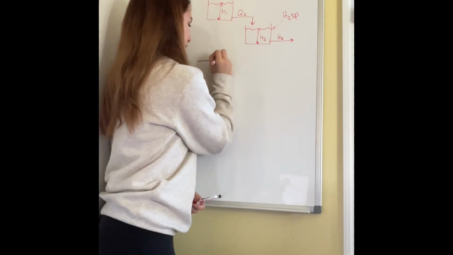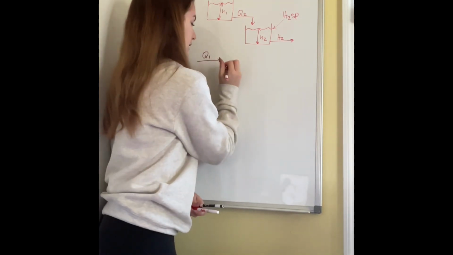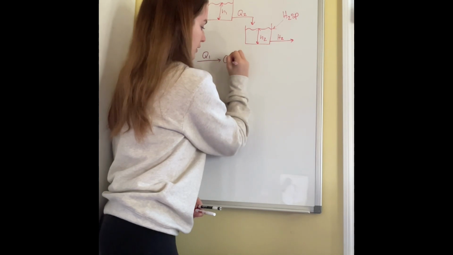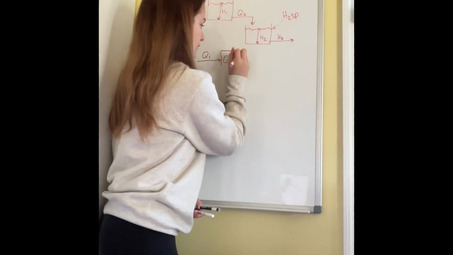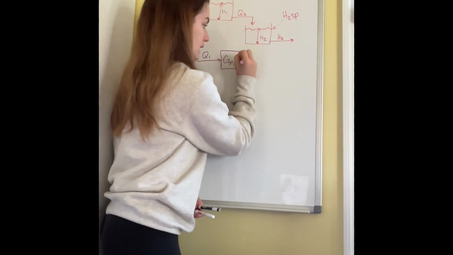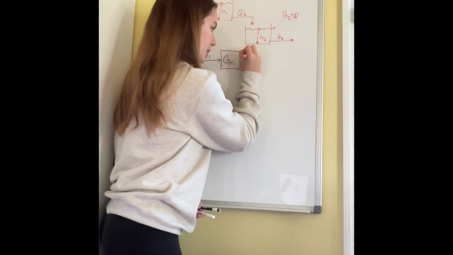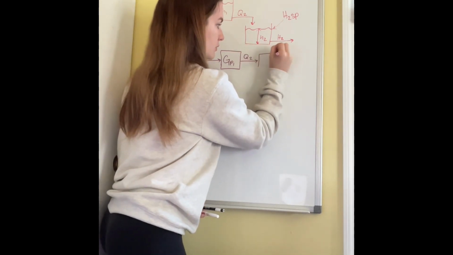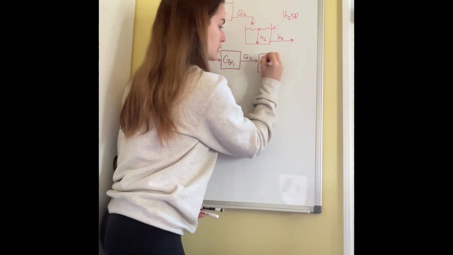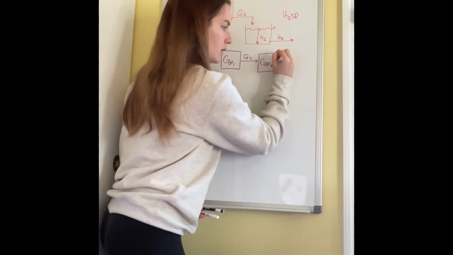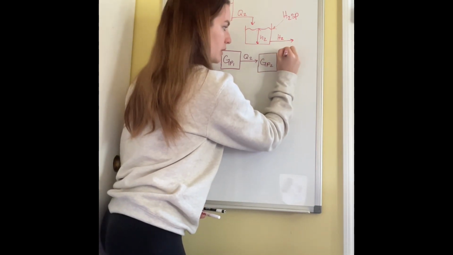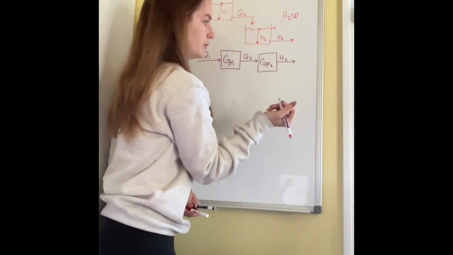So we know we have our Q1 going in, and we've already found our GP1, which is the transfer function of our first tank. We know we have a Q2 coming out of this and going through another transfer function, which is our GP2. And we're going to have our H2 coming out.